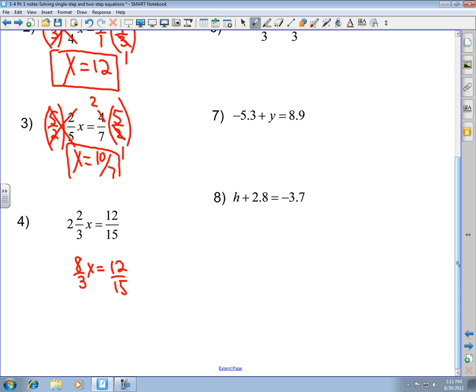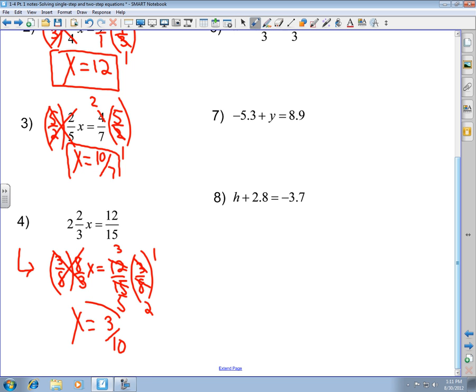Now, I want to get rid of the 8/3 that is being multiplied to x, so I am simply going to multiply by the reciprocal of 3/8. Those cancel. X equals, 4 goes into 8 2 times, 4 goes into 12 3 times, 3 goes into 3 1 time, 3 goes into 15 5 times, so I have 3/10 as my answer.